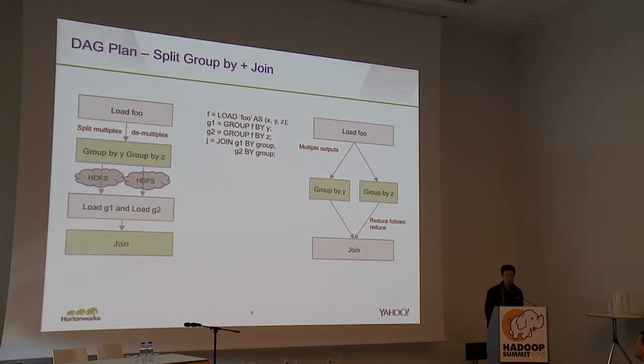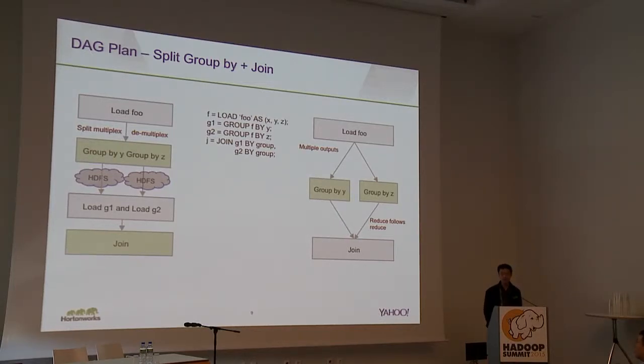So we can just use the 2 vertices. Then after the 2 group by, we send the output of the group by to the last vertex to do the join.